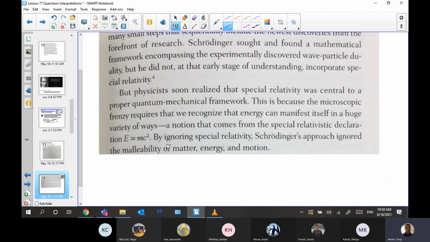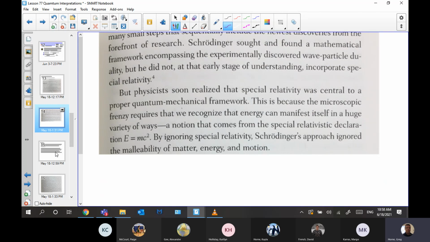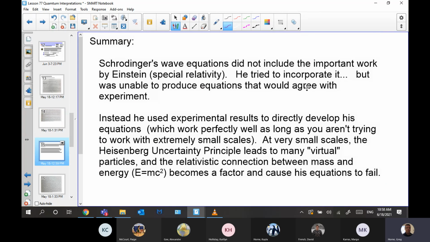By ignoring special relativity, Schrödinger's approach ignored the malleability of matter, energy, and motion. So it wasn't complete. So they didn't include the relativity stuff. He tried to incorporate it, but it didn't work. Just a little summary here. Instead, he just basically used the experimental results to work backwards and develop the equations, but didn't really know why they were working. He just basically worked backwards to find stuff that did work, right?